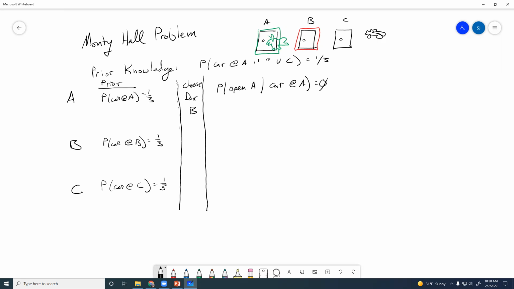So now we're at B. What's the probability he opens A given that the car is at B?